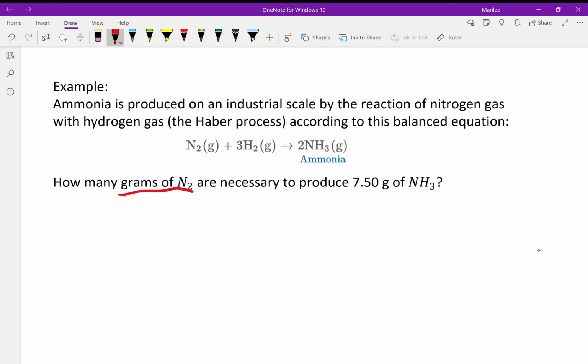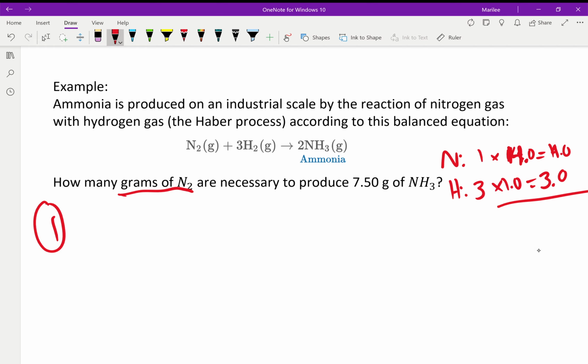So step 1, NH3, let's do it here on the side. Nitrogen, we have 1 times 14.0, that's 14.0. Sorry guys, this is weird to write on. Hydrogen, how many hydrogens do we have? 3 times 1.0, that'll give us 3.0. Total is 17.0. Okay?